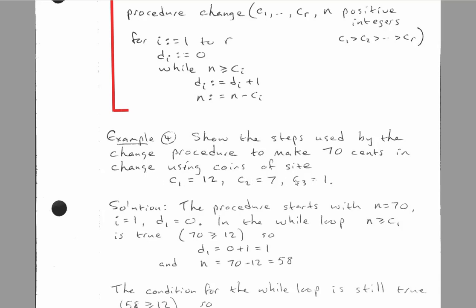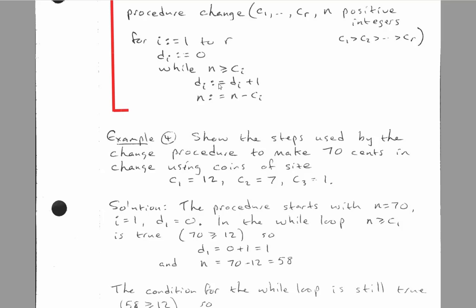Alright, so we have R equal to 3, n is 70, I starts out at 1, and D1 starts out at 0. Then this while loop. First we check this condition. Is 70 greater than or equal to C1? True.